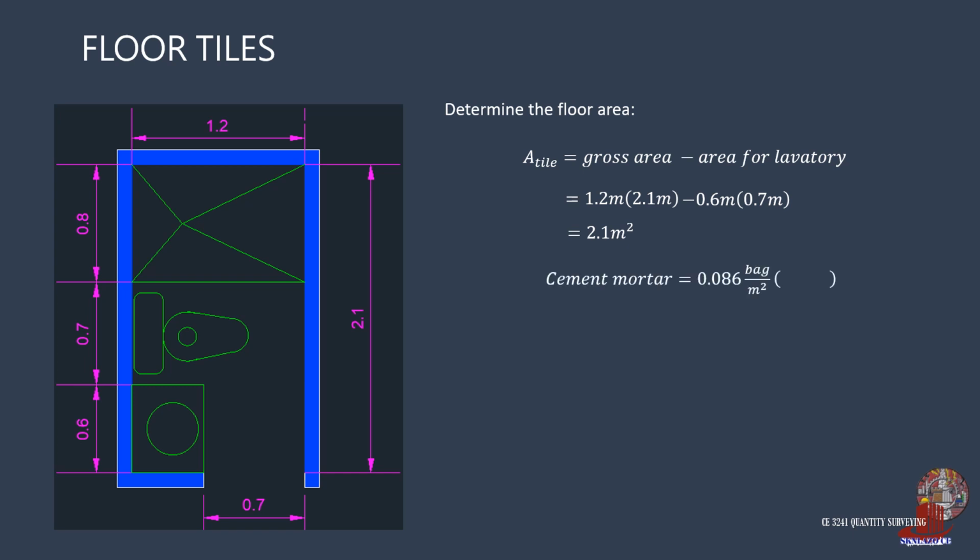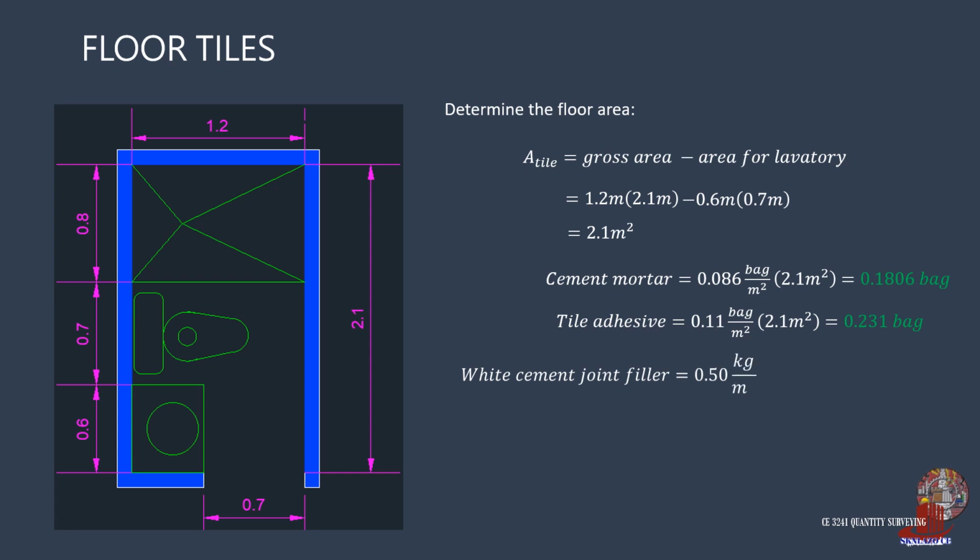The cement mortar is then the factor of 0.086 multiplied by the area, making 0.1806 bag. The tile adhesive is 0.11 times the area, giving out 0.231 bag. Then the white cement joint filler uses a factor equal to 0.5, requiring 1.05 bags.